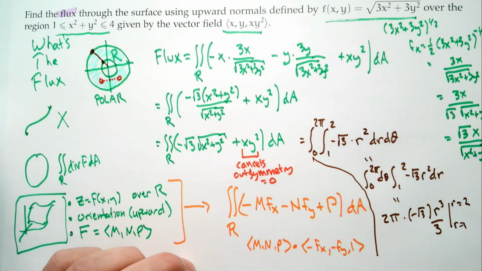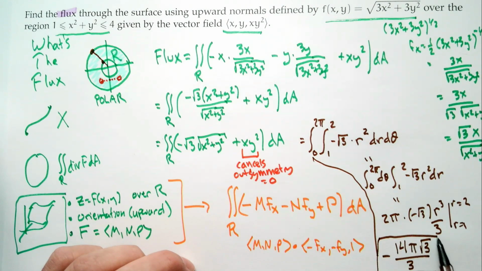And if you plug that in, you'll get 8, because that's 2 cubed, minus 1, which is 1 cubed, so that will become a 7. So that r cubed, once you evaluate, becomes 7. So we end up with 7 times 2, that's 14. There's a pi, there's a square root of 3, there's a 3, and of course, don't forget that minus, because apparently I forget minuses a lot. And there's the answer. Did I forget a minus?